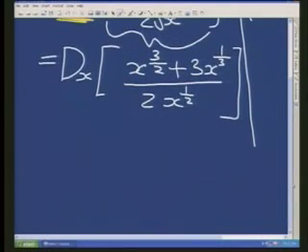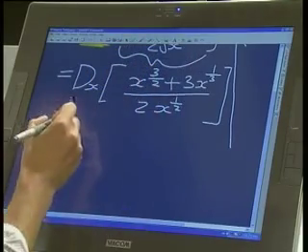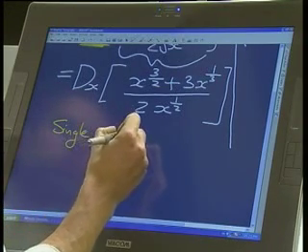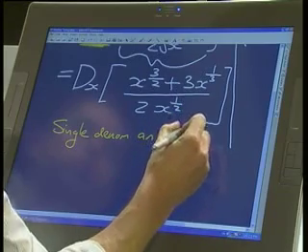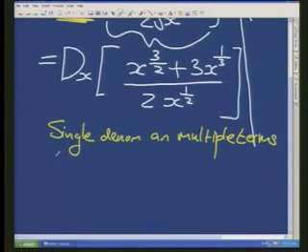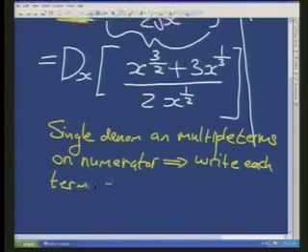The next step we notice is that if you have more than one term on top, okay, so let's maybe take a different color here, if you have a single denominator and multiple terms on the numerator, which is exactly what we have here, then what you do is you write each term over that denominator.